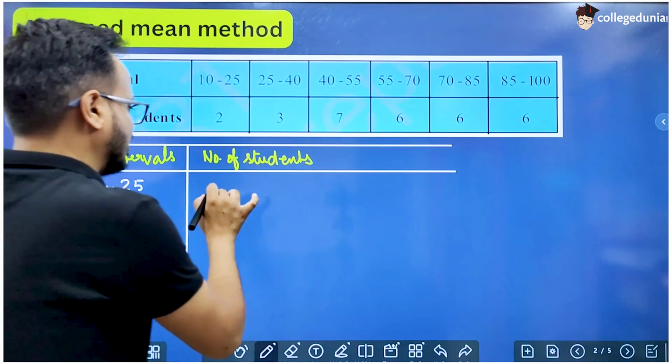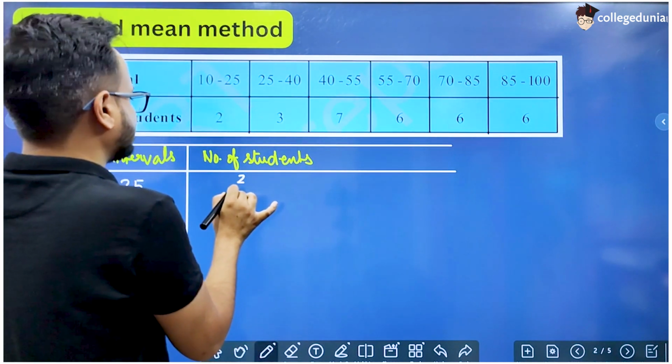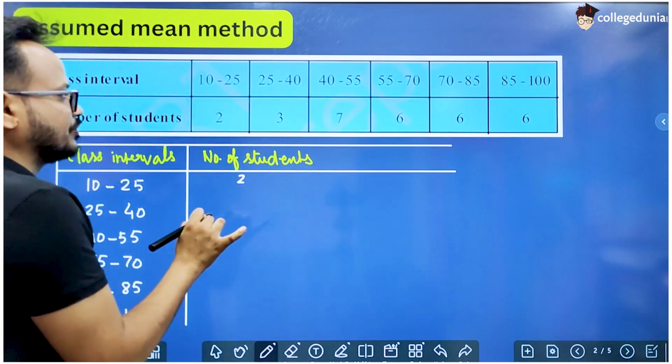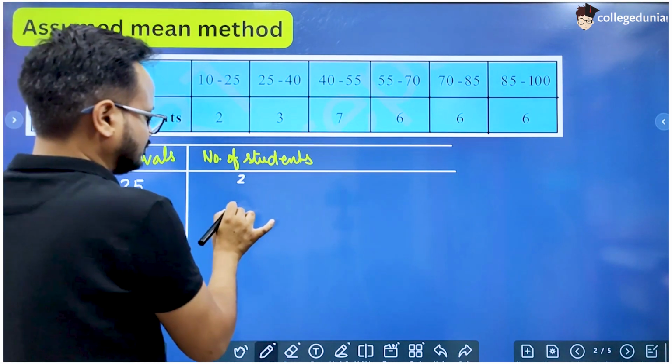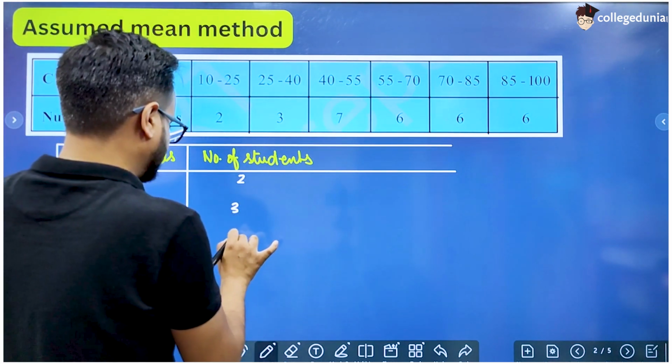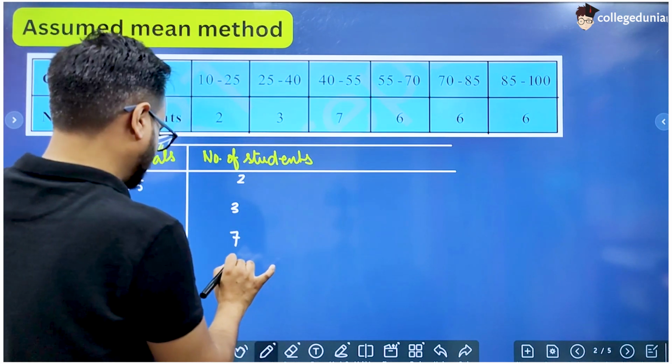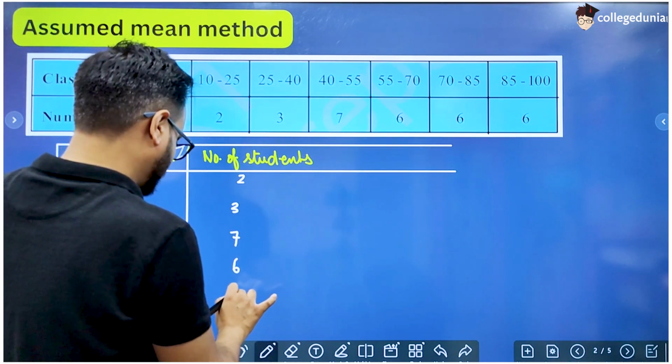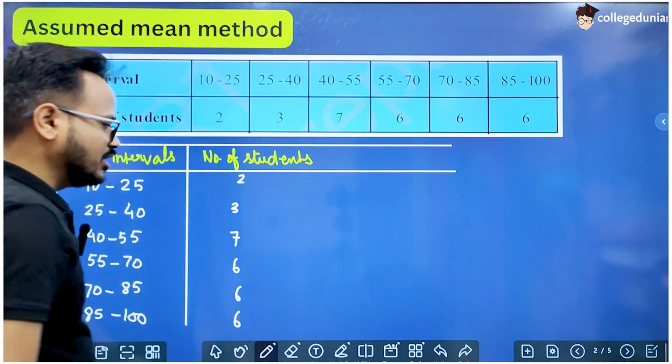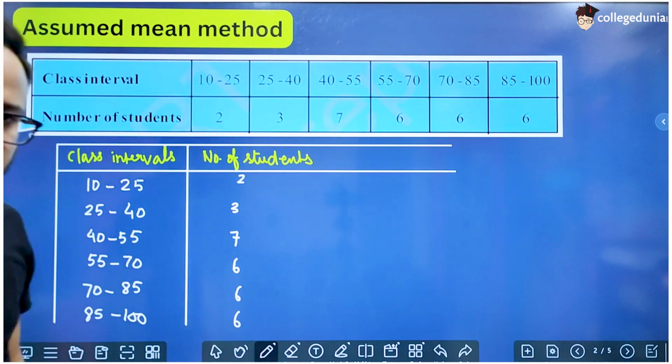And the number of students are 2, 3, 7, 6, 6, and 6.